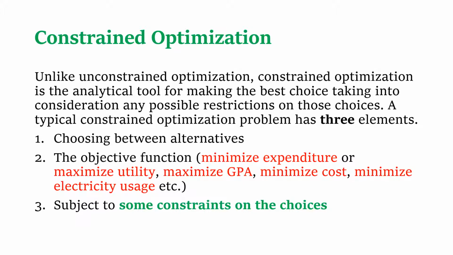Like for a student, you are at Campbell right now, right? Your aim is what? To maximize your GPA. So you are deciding on which courses you have to take in order to maximize your GPA.